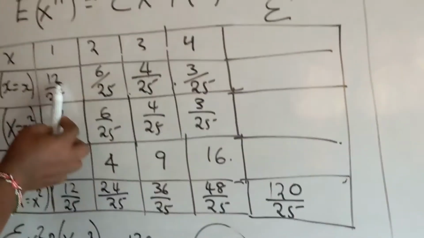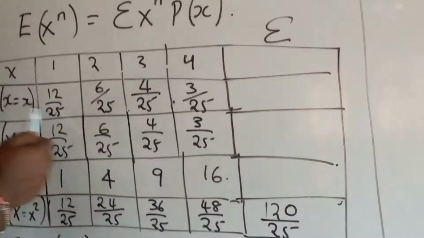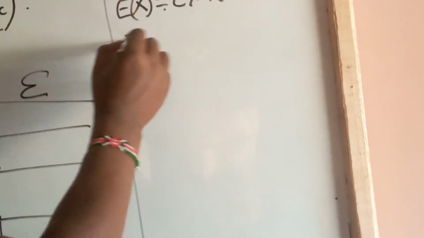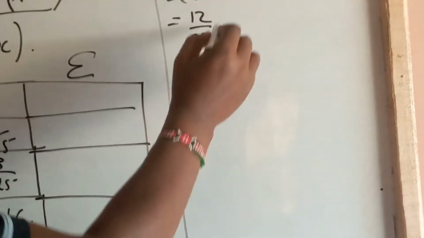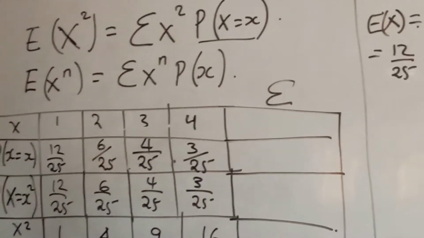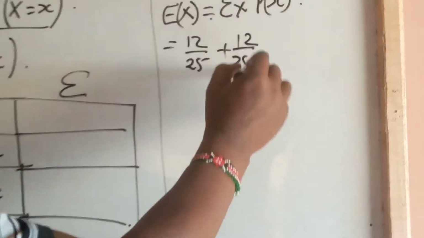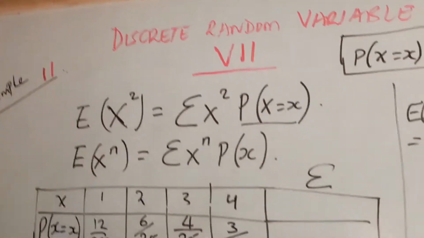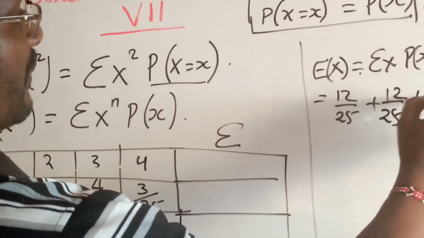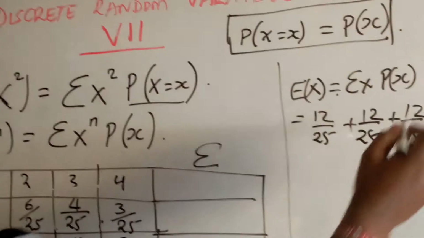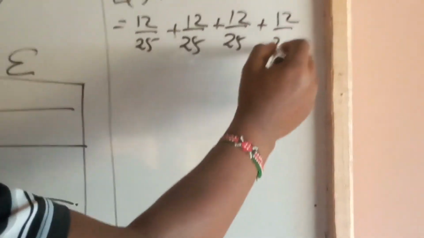And even if we were to create a column of x times P(x), we just have 1 times 12 out of 25, which is 12 out of 25, plus 2 times 6 out of 25, which is again 12 out of 25, plus 3 times 4 out of 25, again 12 out of 25, plus the last one, 4 times 3 is 12 out of 25.